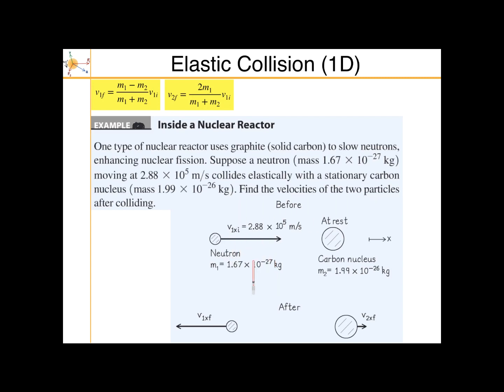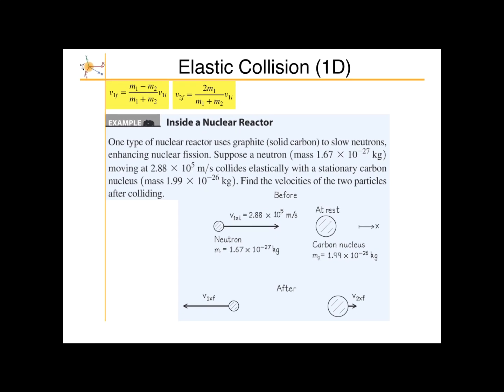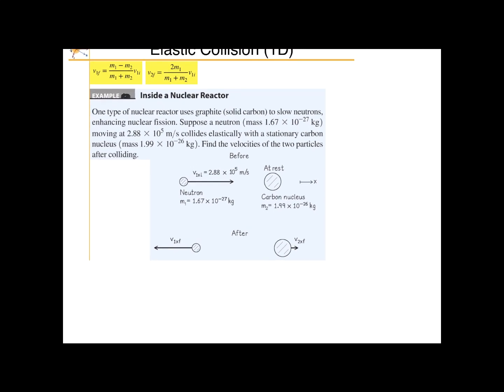So here, everything is written down. V1 initial, 2.88 times 10 to the 5, the mass of the one. V2 initial is 0, the mass is 1.99 times 10 to the minus 26 there. And afterwards, we want to find how fast they are going afterwards. So let's just write it all down again. We have M1 is 1.67 times 10 to the minus 27 kilograms.